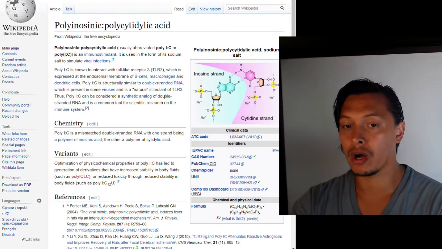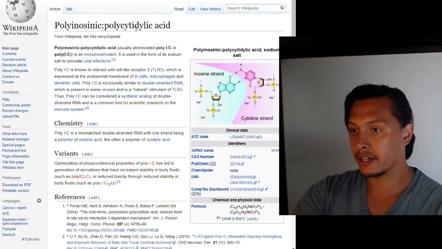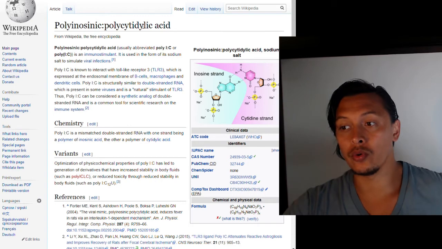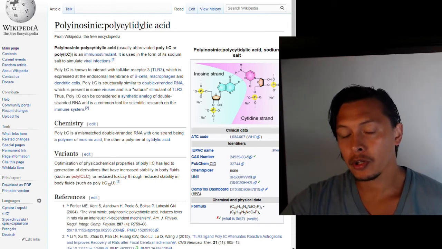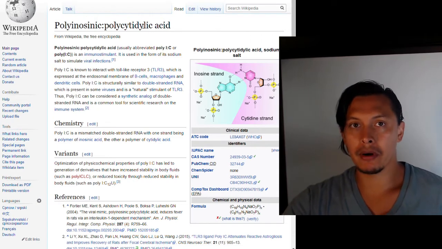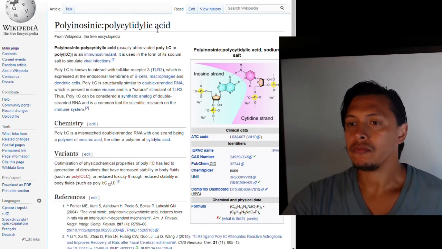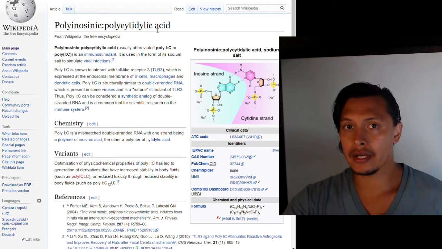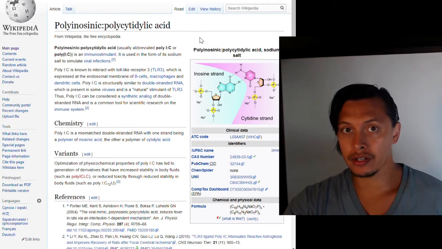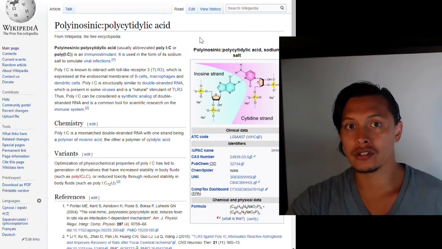So the reason why polyinosinic polycytidylic acid is going to stimulate your immune system is because within your body, and with the bodies of all eukaryotes really, RNA isn't normally double-stranded. So if you see double-stranded RNA, that usually means that it's coming from some form of pathogen, such as a virus.